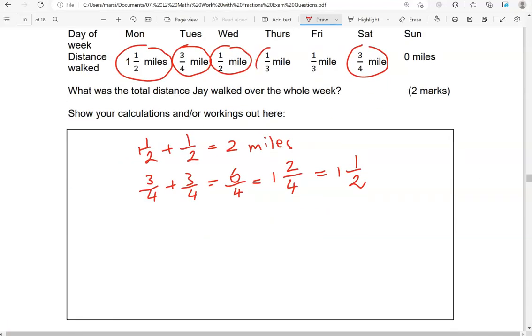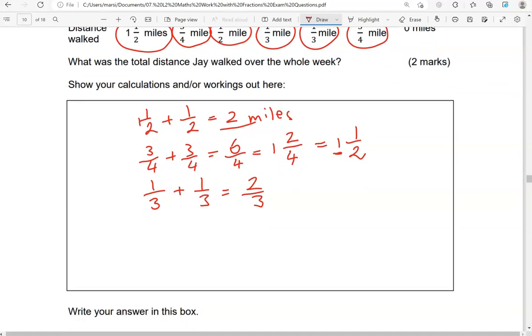We have a third and a third, which is 2/3. So 2 miles and a mile, that is 3 miles. Now we've got a half and 2/3.